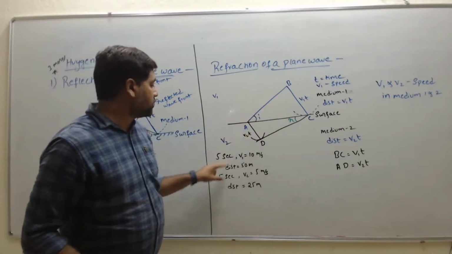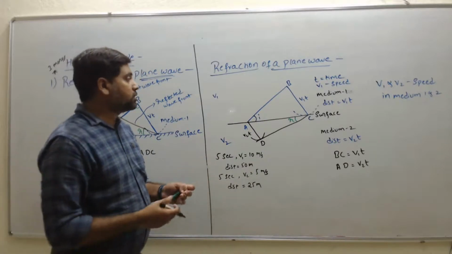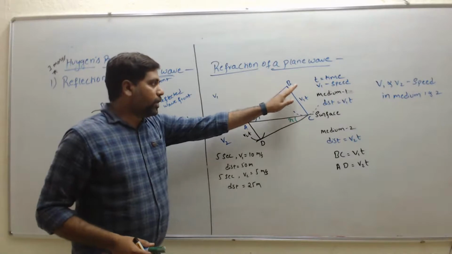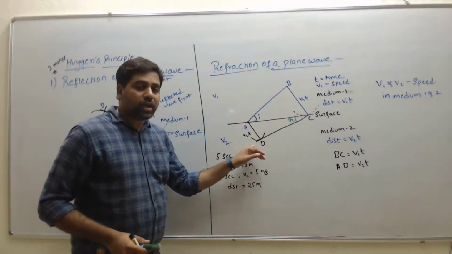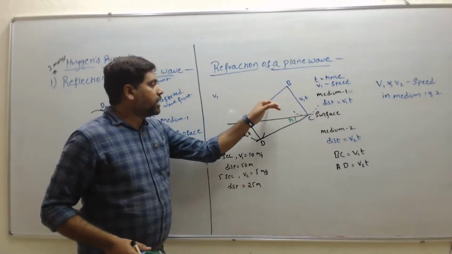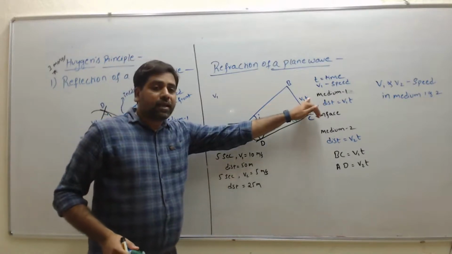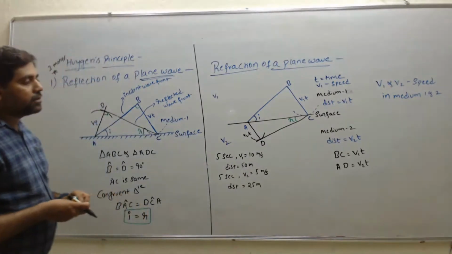In these two cases the time is the same, because all the points travel for the same time. If B travels for t, then A also travels for t. If we consider a point somewhere in between, that point also travels for the same time t.